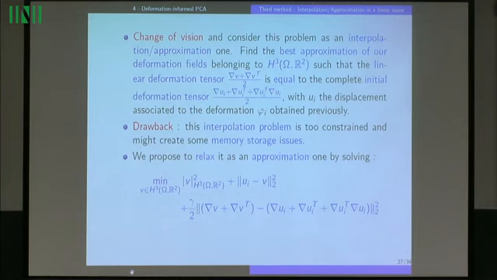The drawback of this method is that the interpolation is too constrained and might create some memory storage issues. So we propose to relax this as an approximation problem by solving this problem. And actually we want to approximate both the deformations and the deformation tensors.